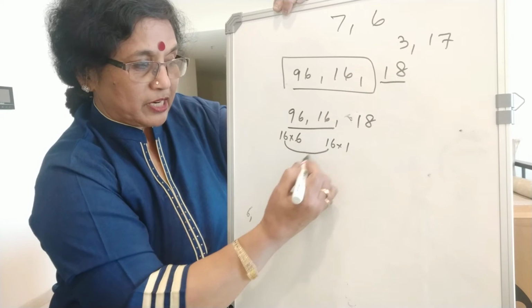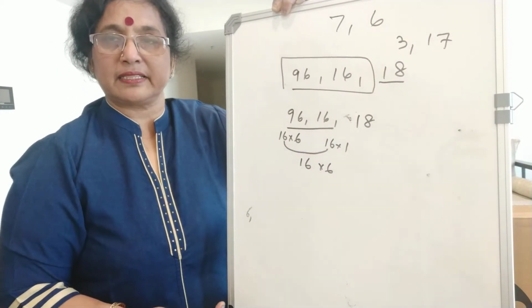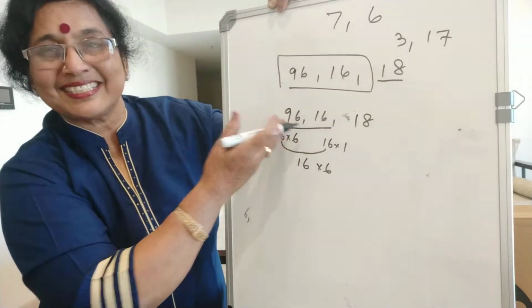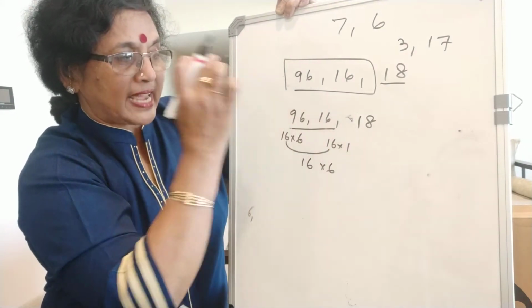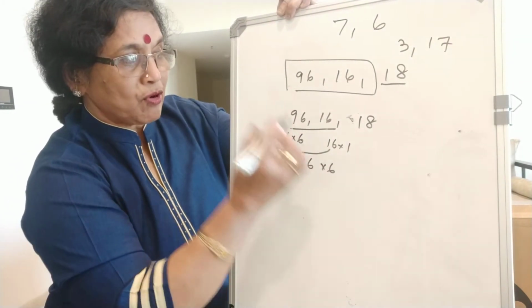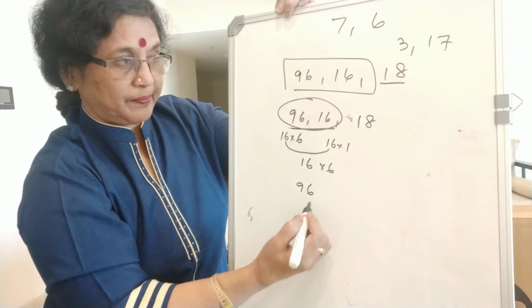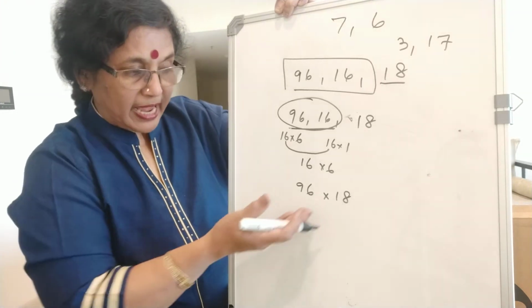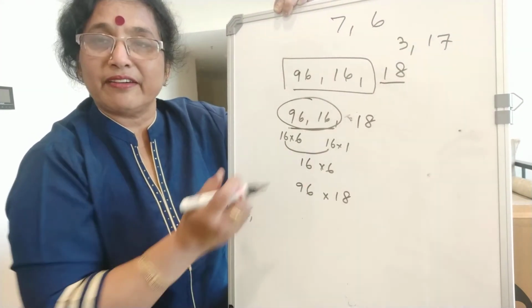And you all should know that if you know 16 tables, you know that 96 is the LCM of 96 and 16. So of these two, the LCM is 96. Now I have to see the least number which these two can divide.